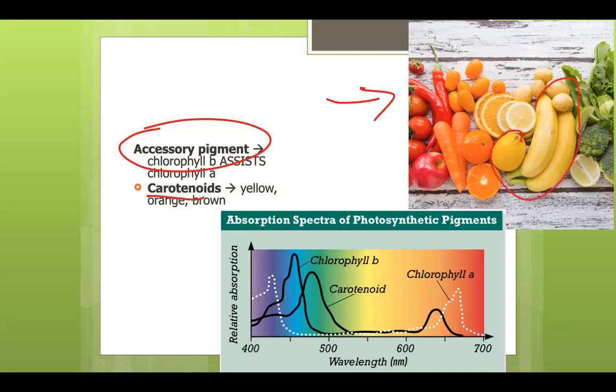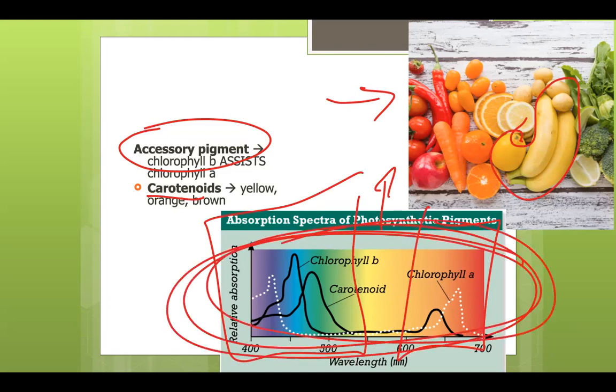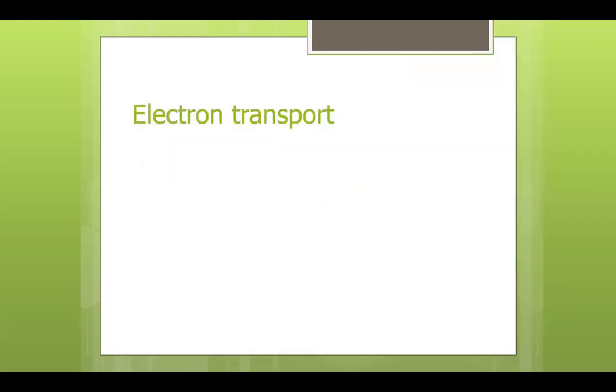Then you've got lemons and bananas, of course, that appear yellow. So those are going to have carotenoids that absorb these colors and reflect yellow. But altogether, they're basically there to absorb as much of this entire spectrum as they can, because the more wavelengths of light that the pigments absorb, the more energy it can get from that.